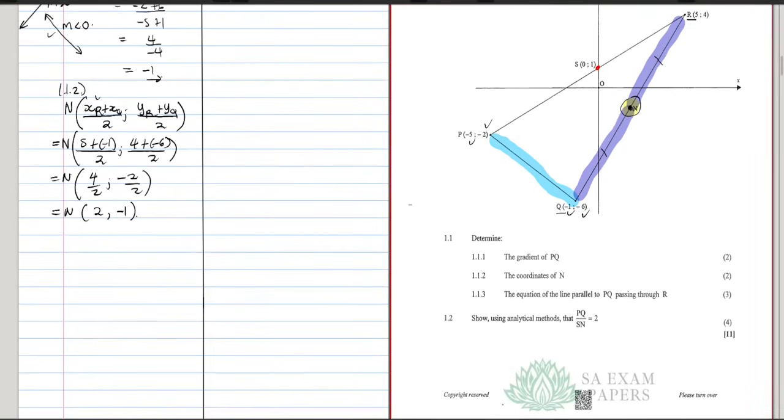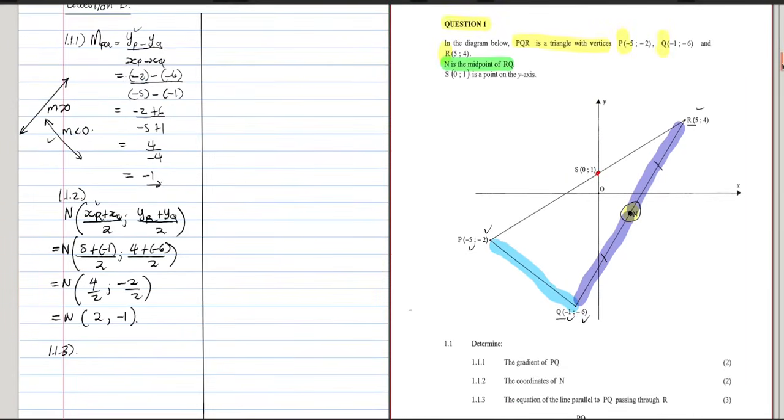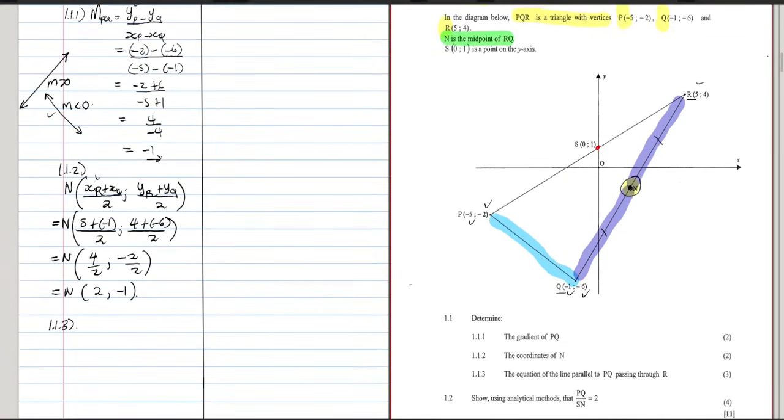Now we have 1.1.3. How many marks? Okay, 3 marks. Now I just want to spend a little bit of time explaining this concept of the equation of a line, like actually how to find the equation of a line. In 1.1.3, we are asked to determine the equation of a line.